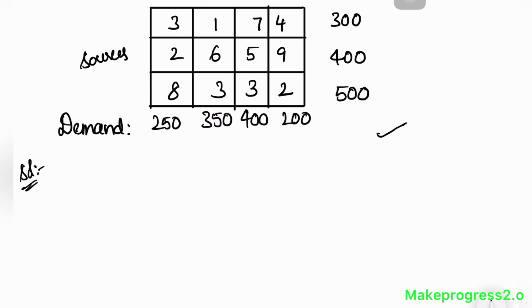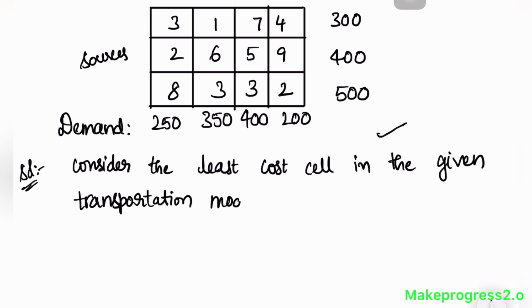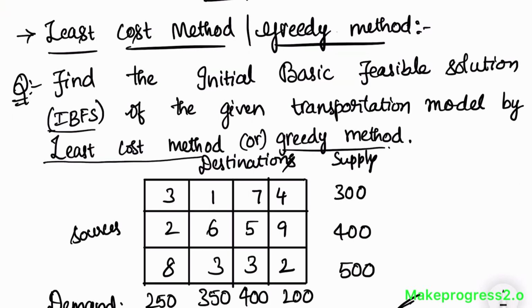First of all, you have to check whether the transportation is balanced or not. Only then you could proceed. And then you have to consider the least cost cell in the given transportation model. So in order to check that, we should check the sum of the supplies and the sum of the demands.